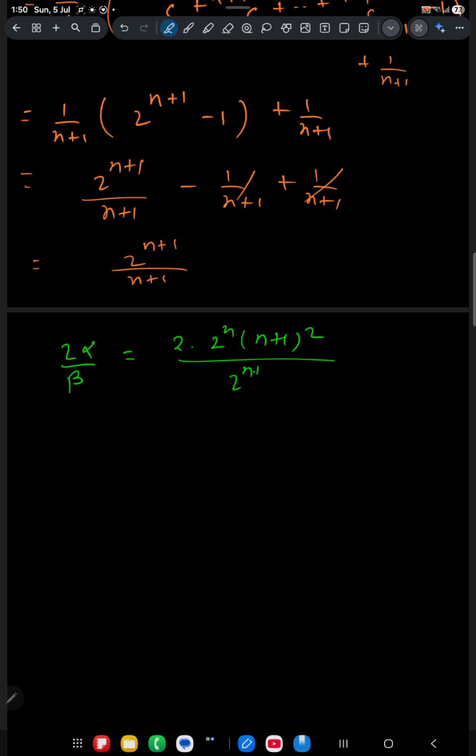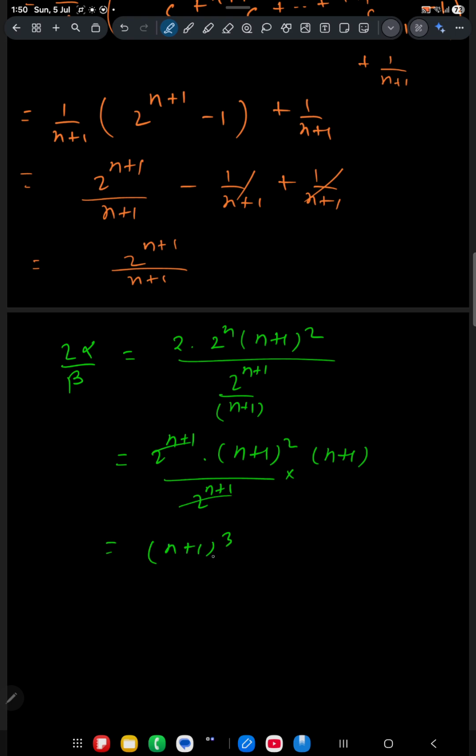Beta is 2 raised to the power n plus 1 by n plus 1. So after rearranging we get 2 into 2 raised to the power n, which is 2 raised to the power n plus 1, into (n plus 1) square, divided by 2 raised to the power n plus 1 into n plus 1. The n plus 1 will go up, so these two will get cancelled. You are getting (n plus 1) cube.